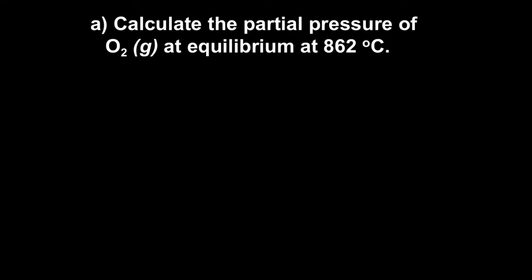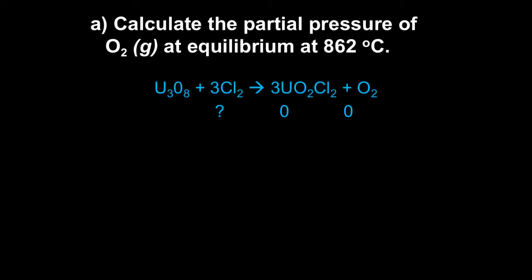Question A. Calculate the partial pressure of O2 gas at equilibrium at 862 Celsius. So this is the equation that you are working with, and we're going to carry out an ICE table. Initial, we have 0 atmosphere for both of the product side, and we add plus 3x and plus x.